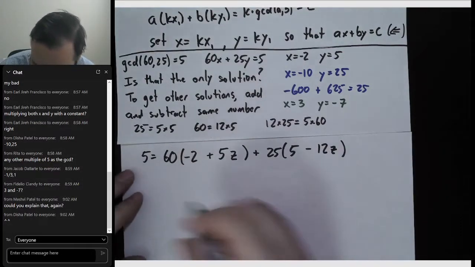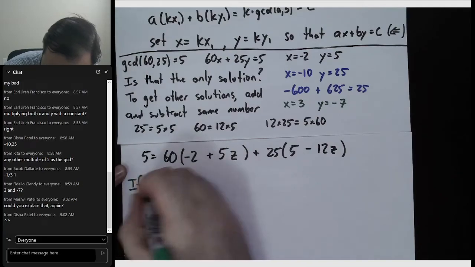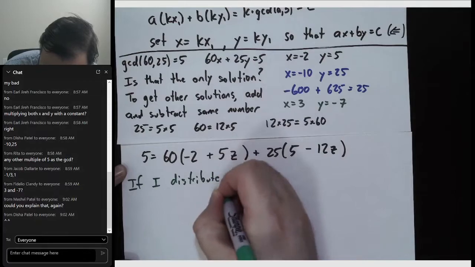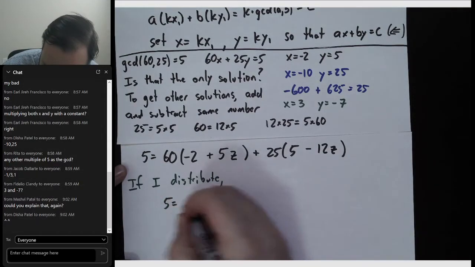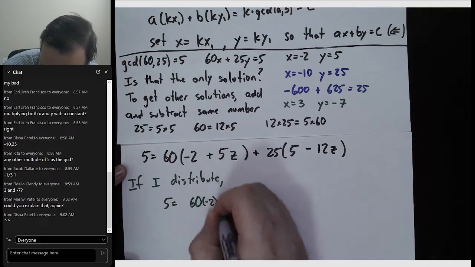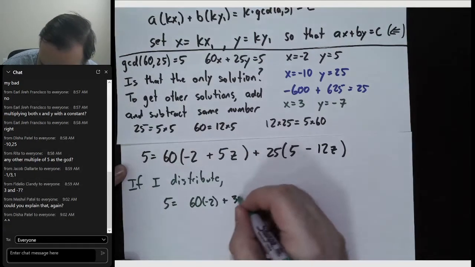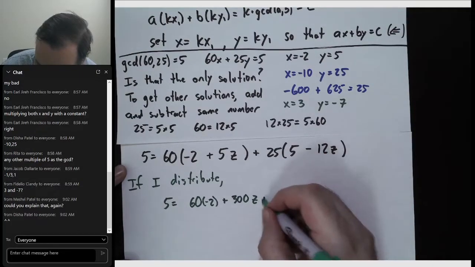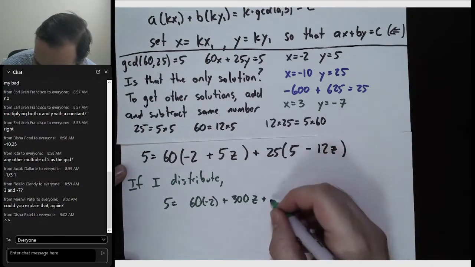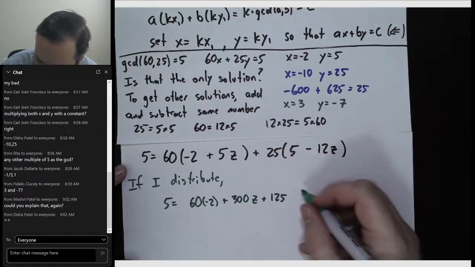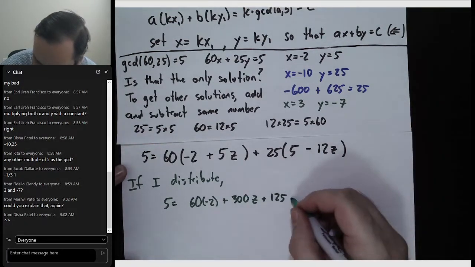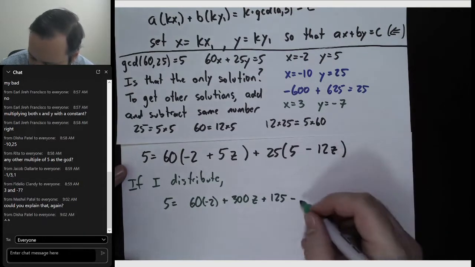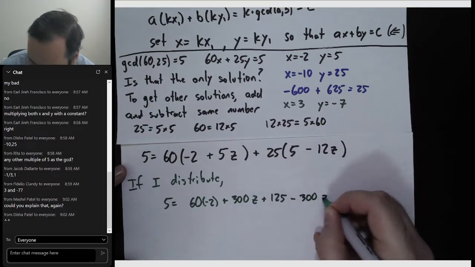If I distribute, I get 5 is equal to 60 times negative 2 plus 300z, plus 25 times 5, which is 125, minus 25 times 12, that's 250 with 2 more copies of 25 is 300, minus 300z.